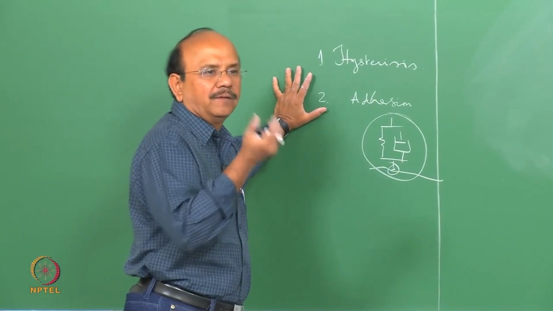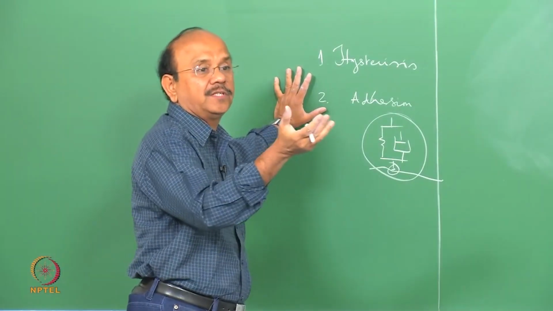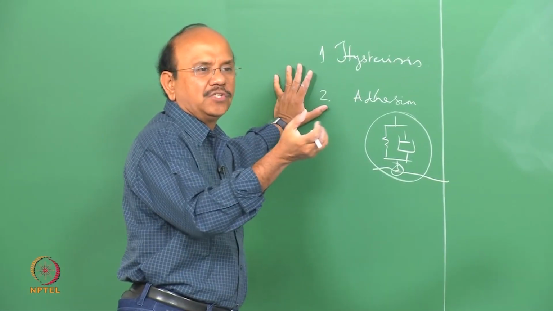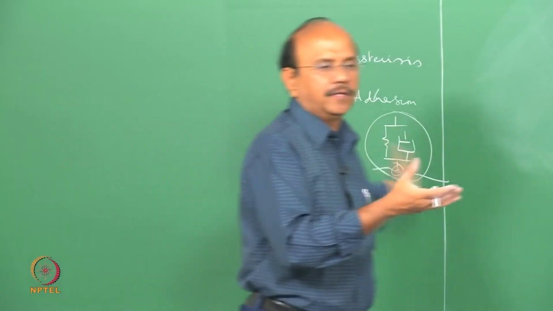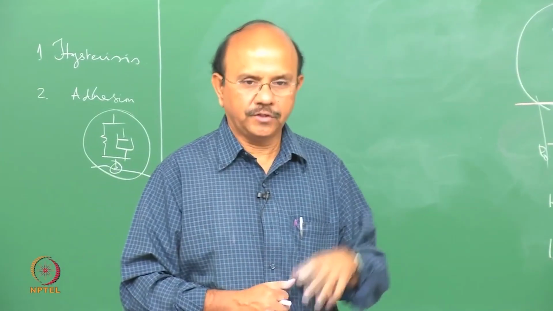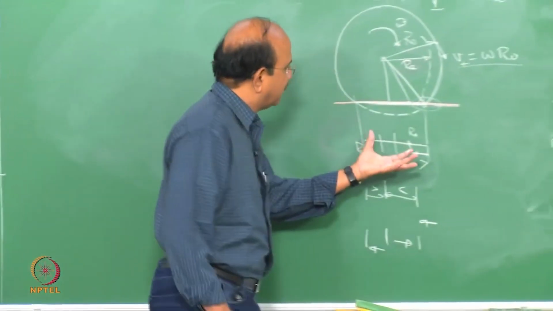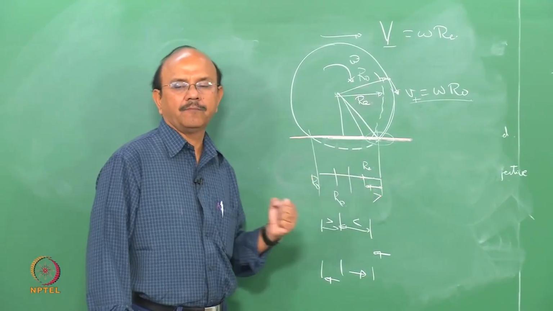So your friction concept has to now change, because friction is now contributed by hysteresis, that energy loss, as well as by adhesion. So without slip, there is no friction here. It's an oxymoron, but it's actually like that. So the tread is subjected to very complex phenomena at this position.